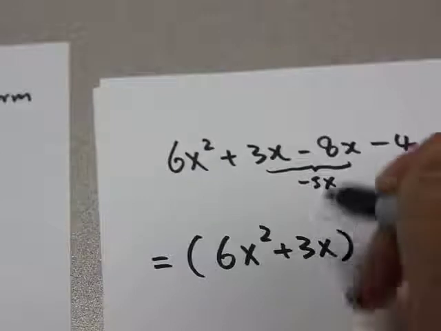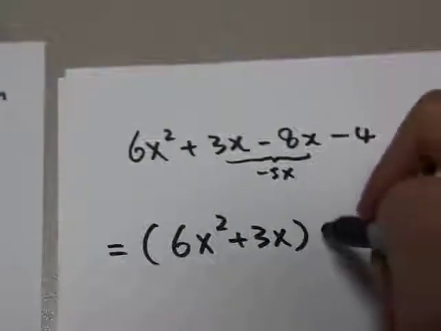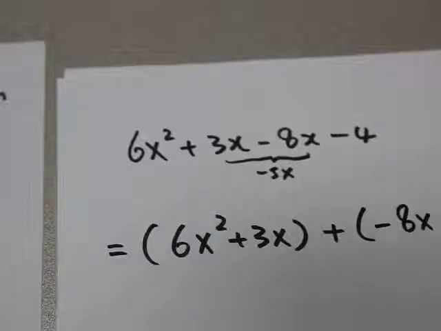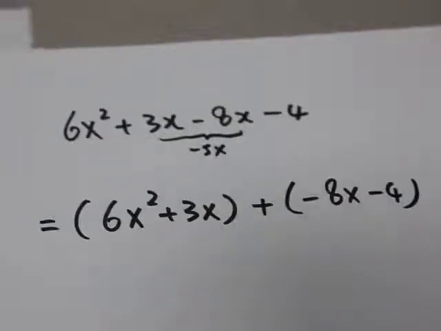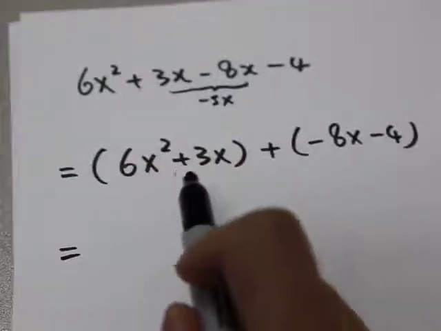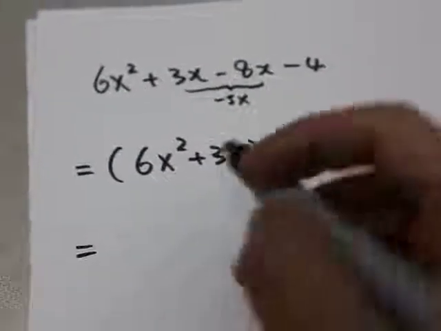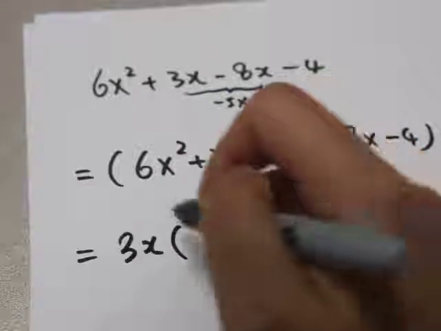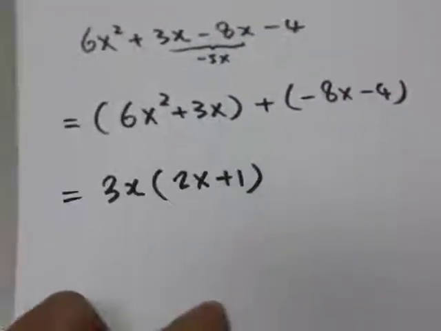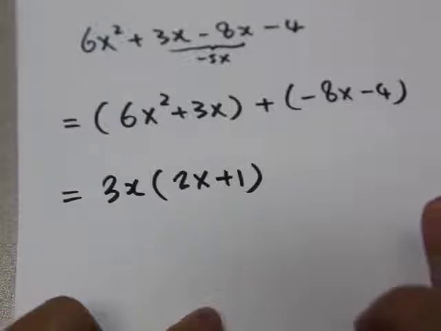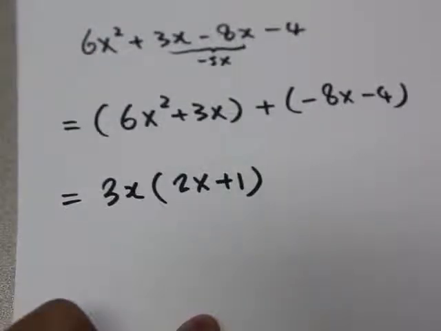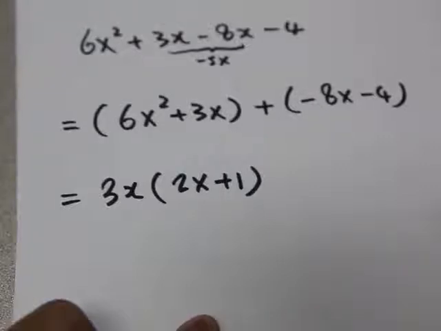I put the first two terms into one group, and then I put the other two terms in the second group. In the first group, the greatest common factor is 3x, so I factor that out, and I have 2x plus 1. And if you forgot how to factor using grouping, you may want to watch my previous videos.